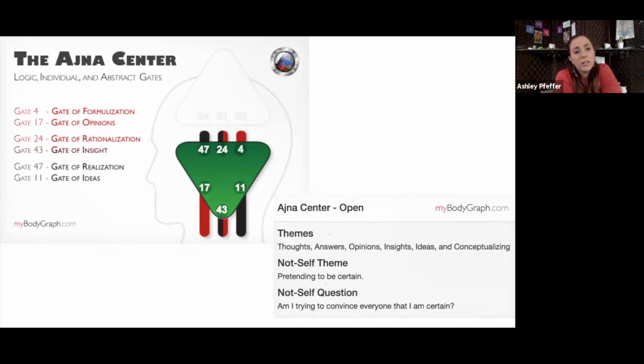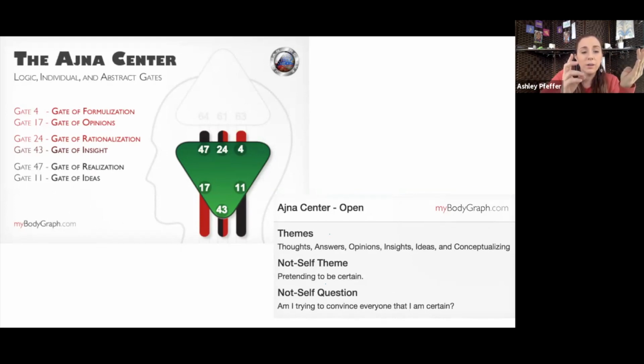The ajna is the conceptualization center. So here are all the gates, listen to the names of these: formalization, opinions. You're creating an opinion on something that you're pulling in. You're formalizing this, you're connecting the dots, you're rationalizing, you're getting insight on it.